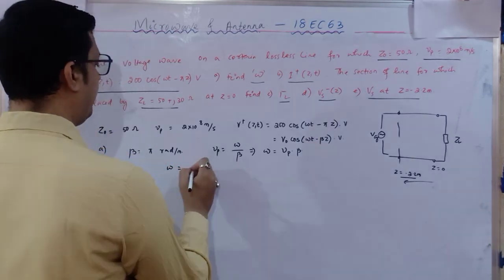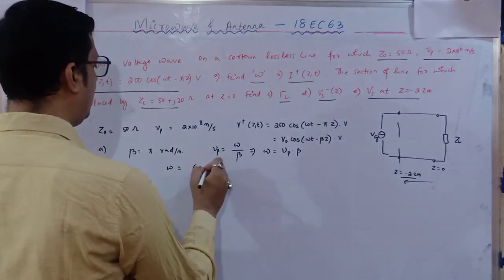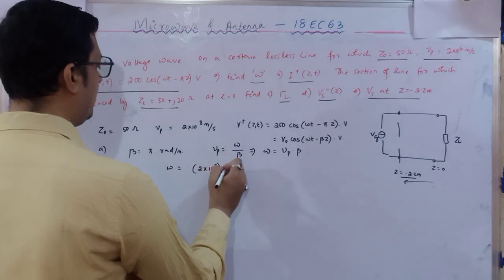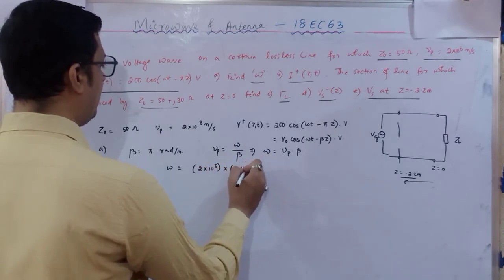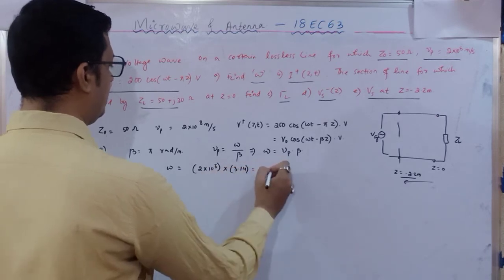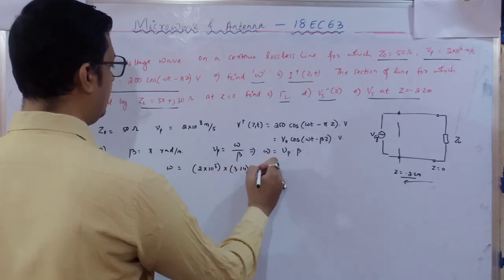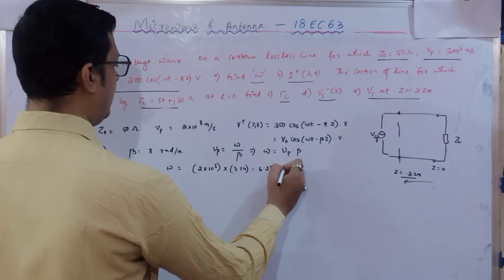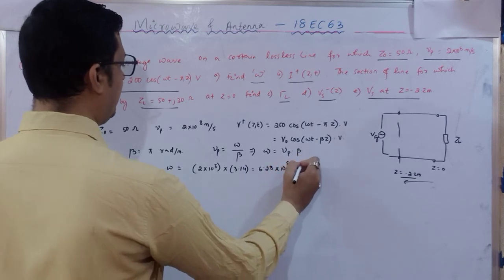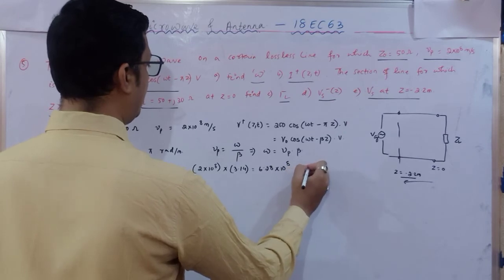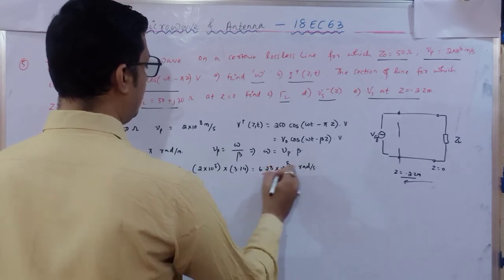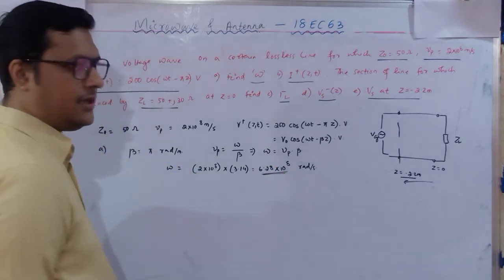Phase velocity is how much? 2 into 10 to the power 8. And what is beta? Beta is pi, pi means 3.14. So 2 times 3.14 is 6.28 into 10 to the power 8 radian per second. So this is my angular frequency.